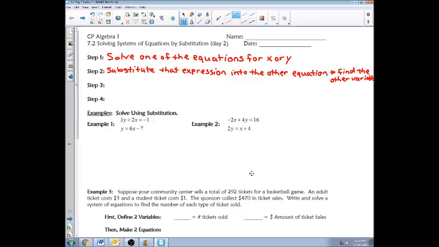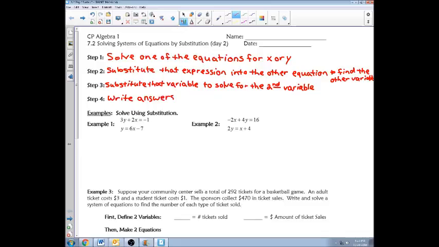Step 3 is to substitute that variable in to solve for the second variable. And step 4 is to write our answers as an ordered pair.